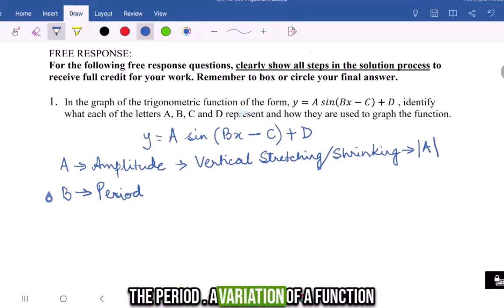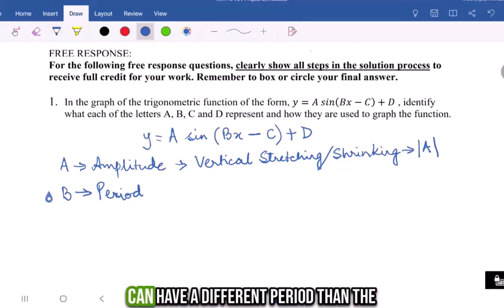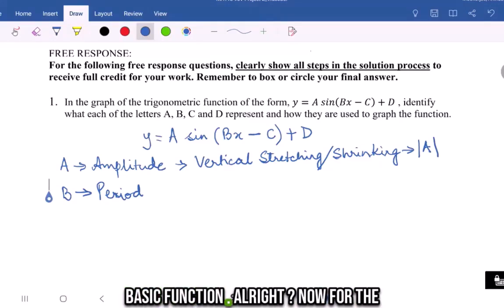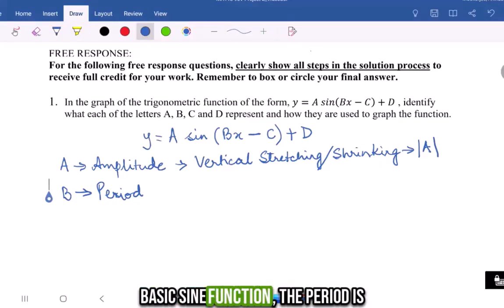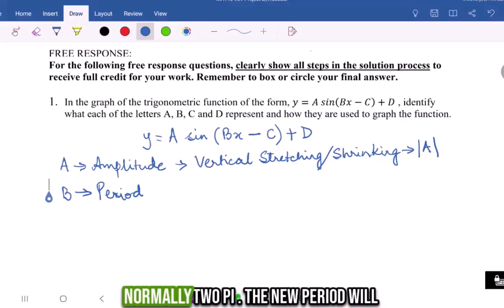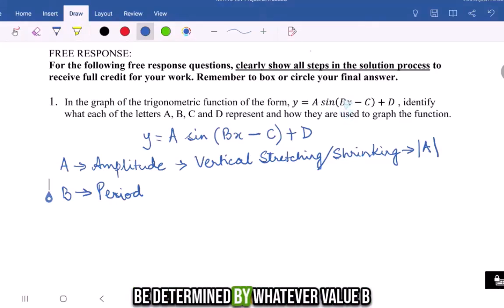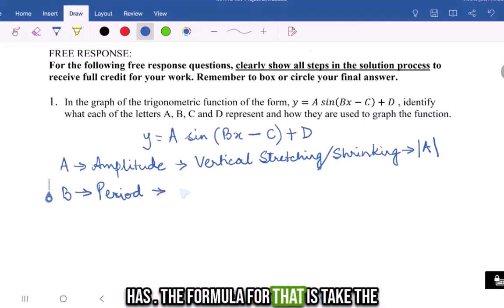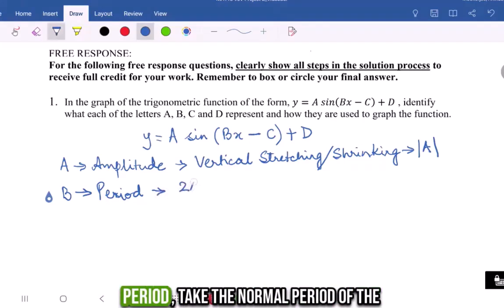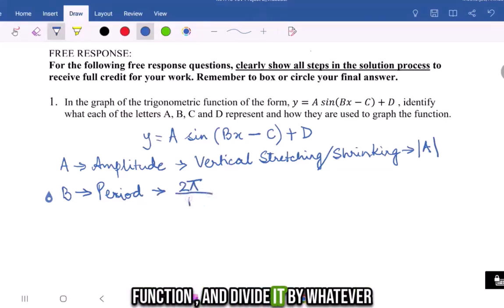A variation of a function can have a different period than the basic function, right? Now, for the basic sine function, the period is normally 2 pi. The new period will be determined by whatever value B has. The formula for that is take the normal period of the function and divide it by whatever value B has.